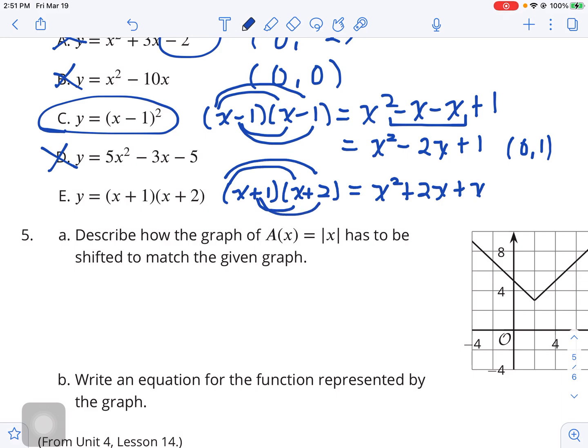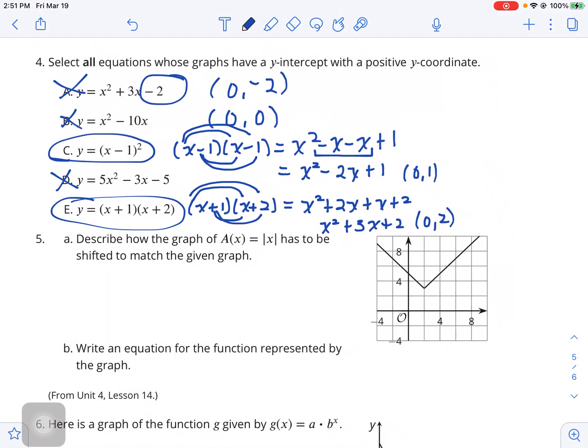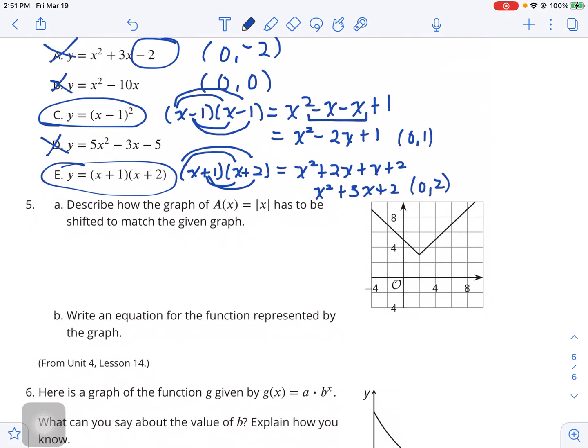And 1 times 2 is a positive 2. So that's going to be a positive y-intercept, because if I put 0 in for x, I get a positive 2 for y. So these two that we had to expand out will give us y-intercepts with a positive y-coordinate.